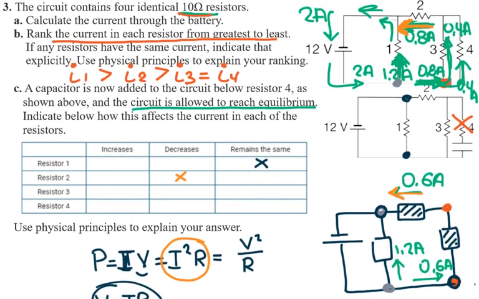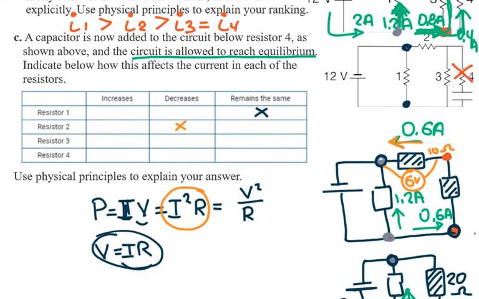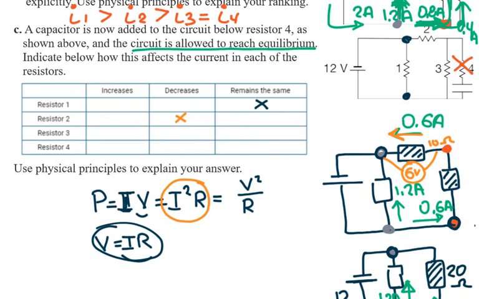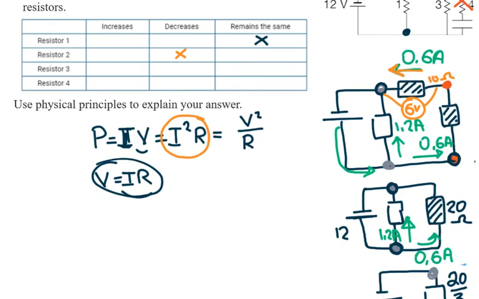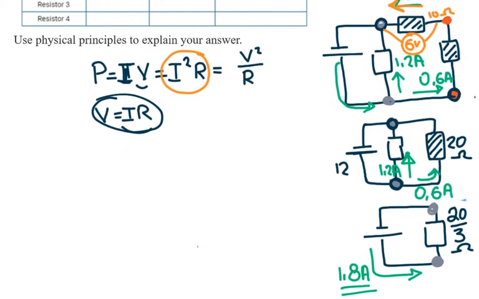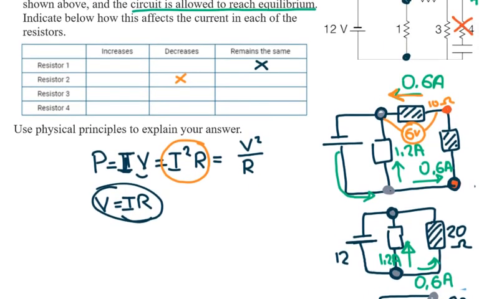And now I have 6 volts dropped over here because I times R, and R is 10 ohm. I times R gives me 6 volts. So when the current aliens are leaving, there's actually 1.8 aliens leaving, right?